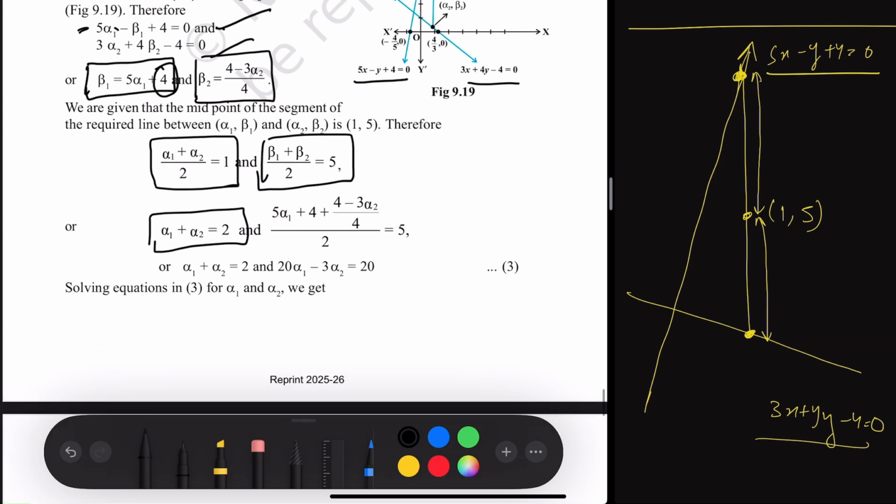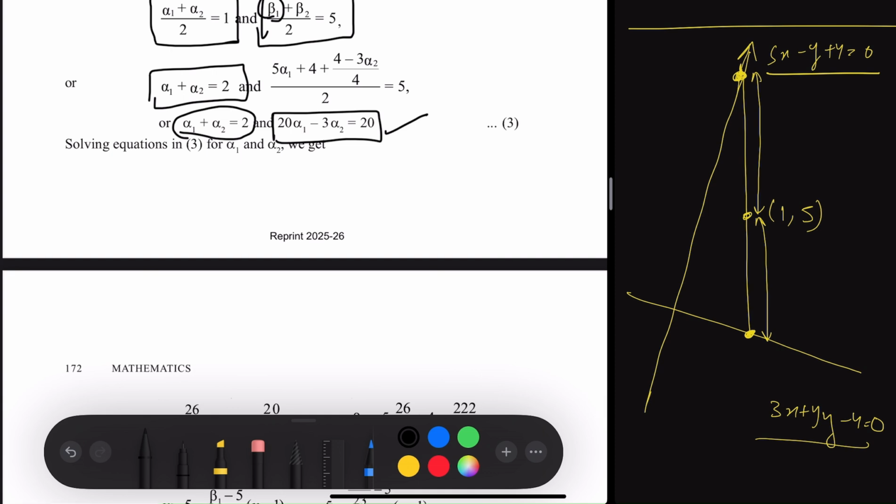So what we have done is alpha 1 plus alpha 2 is equal to 2, and 20 alpha 1 minus 3 alpha 2 is equal to 20. So how did we get this? The reason that we got this is we put the value of b1 in terms of b2 here, and then we eliminated b2 from both the equations, so that we had another relationship between alpha 1 and alpha 2.